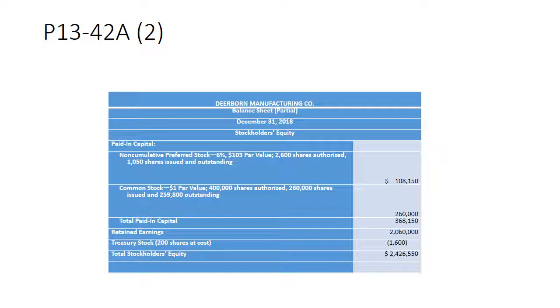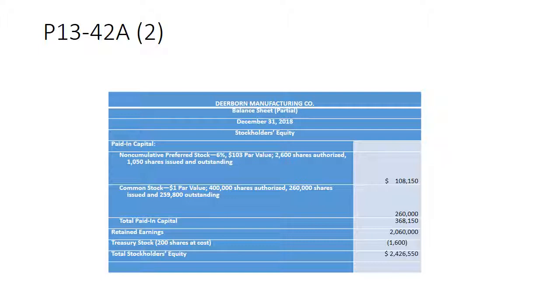So that's why we subtract them from the number issued and report outstanding at 259,800. So the three words we use to describe stock: number authorized, that's the total number you can sell. Number issued, that's how many of those you have sold so far to everyone. Outstanding, the number of issued minus any treasury stock you currently own. The par value then is 260,000, or the amount in common stock.